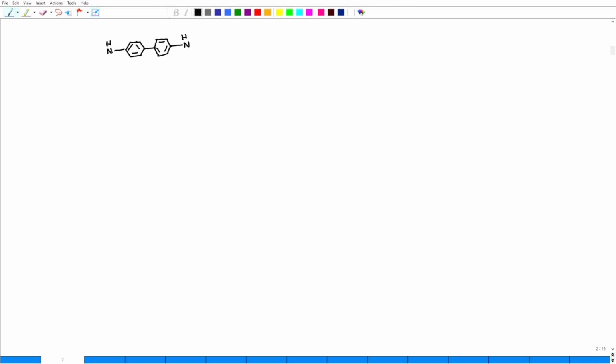So, you do not worry about these things. My aim here is not to show you details of the synthetic methods, but just to tell you that it is indeed possible to have such structures.